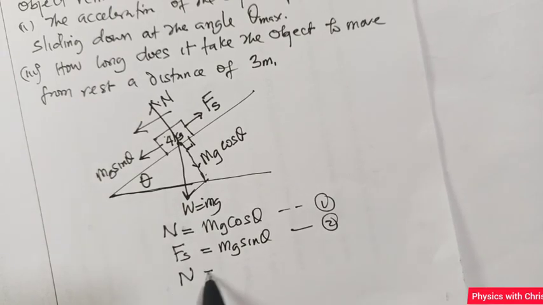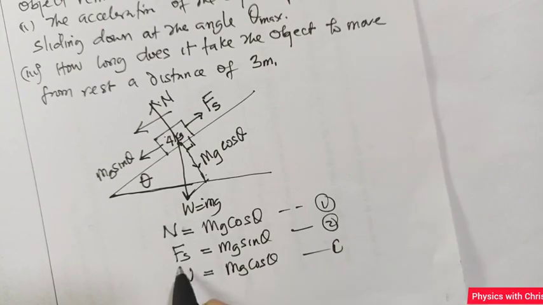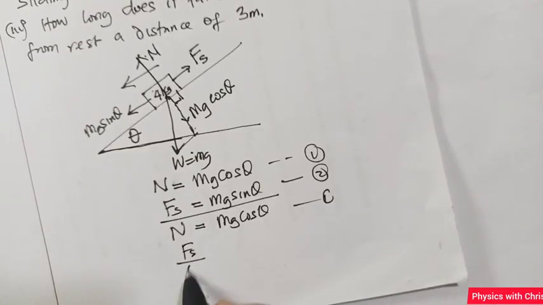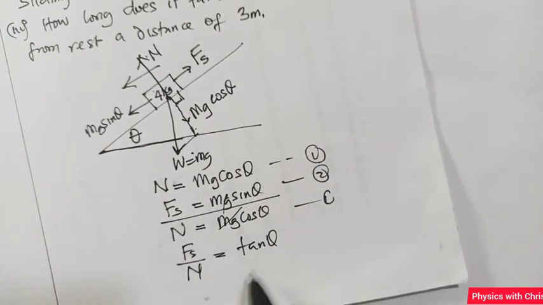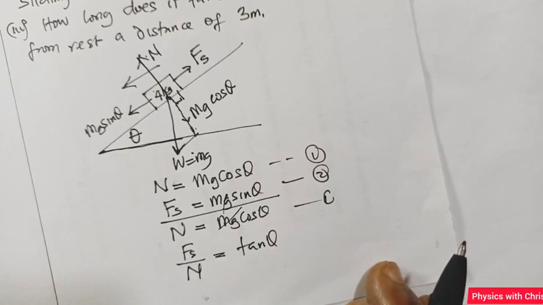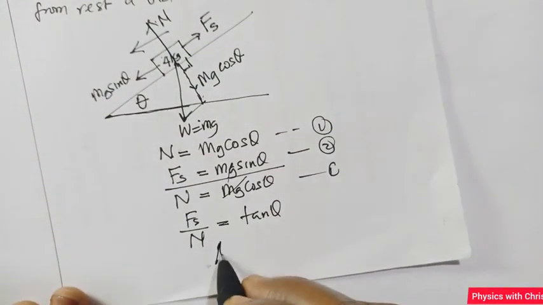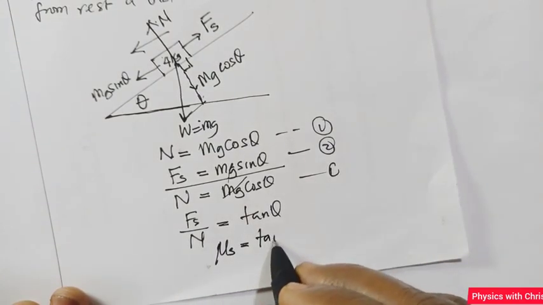Okay, I want to divide equation 2 by equation 1. I place equation 2, which is mg sin theta, on top, I bring equation 1, mg cos theta, under, and I divide both of them. That gives me Fs over the normal reaction N, since mg cancels, equals tan theta. Now, the ratio of static frictional force to normal reaction is defined as the coefficient of static friction, which is given by tan theta.